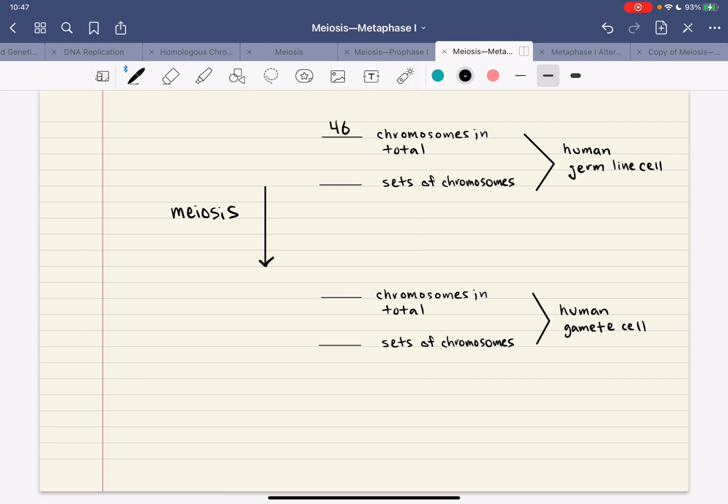We start with two sets, a maternal set and a paternal set. When we are finished with meiosis, the resulting daughter cells, the 4 of them, which we refer to as gametes, will have 23 chromosomes in total and 1 set.